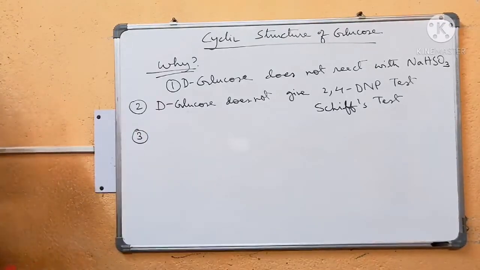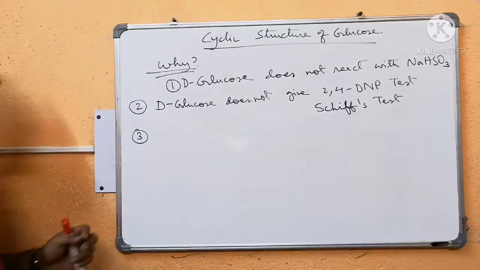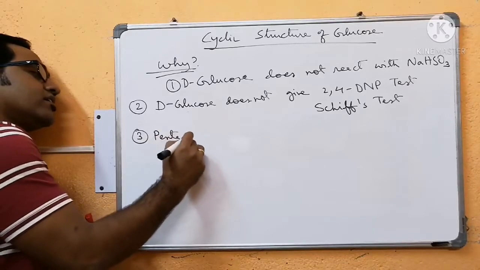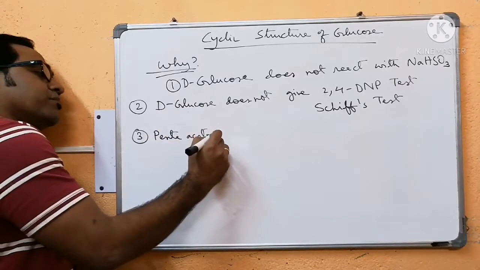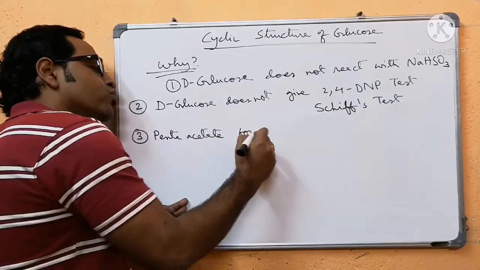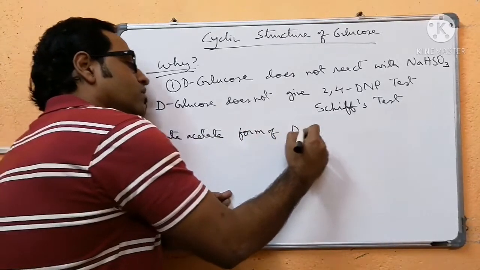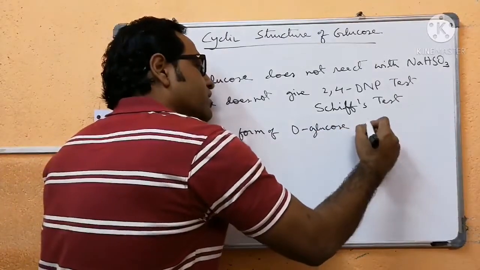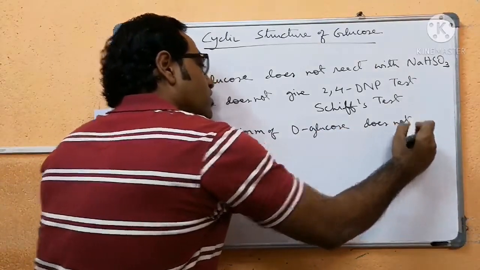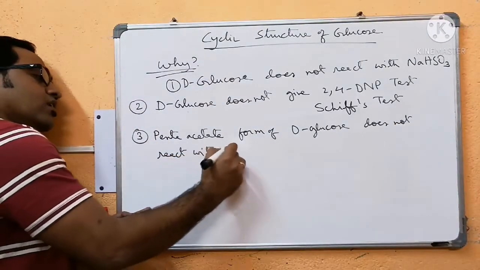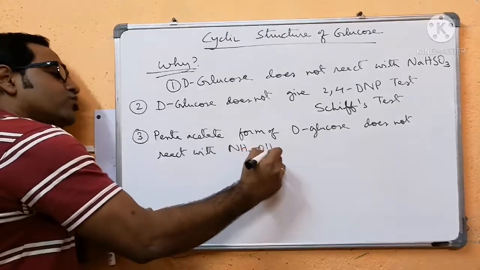The third one: the pentaacetate form of D-glucose does not react with hydroxylamine, NH2OH.